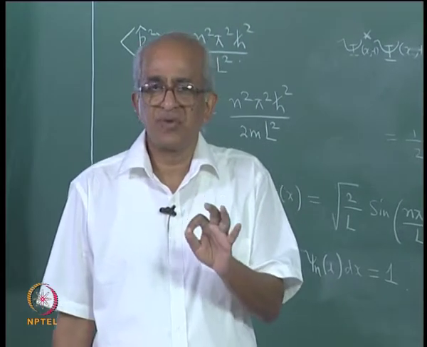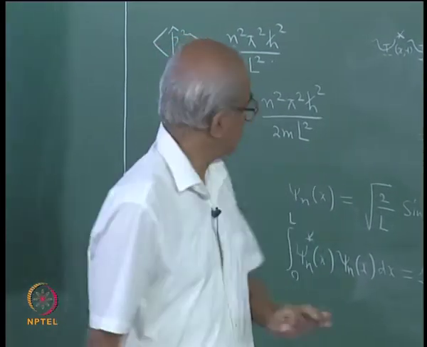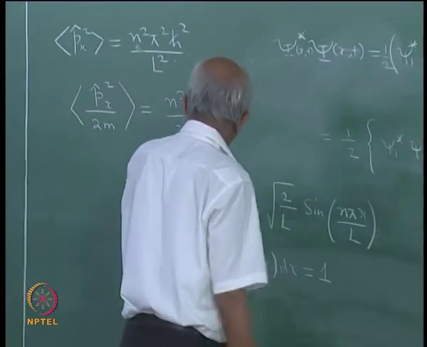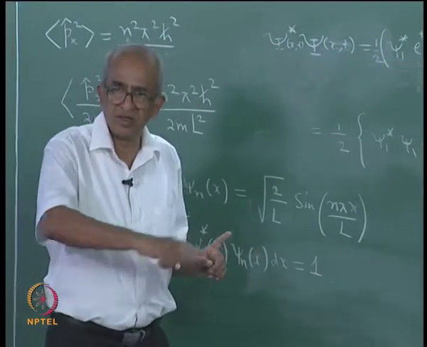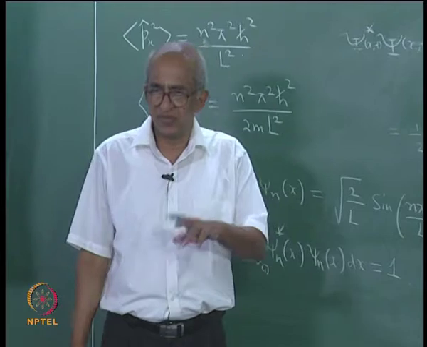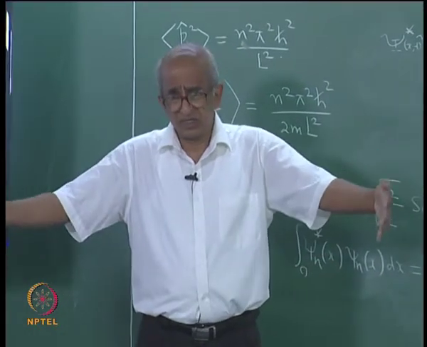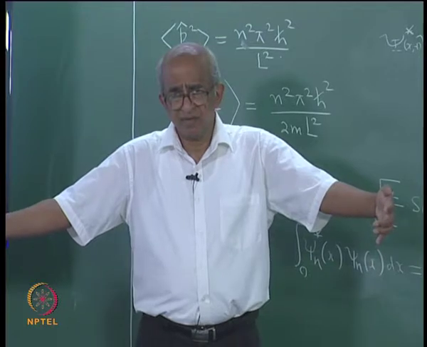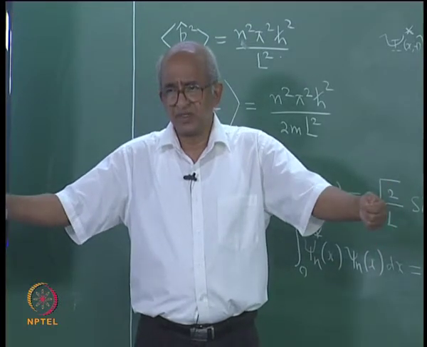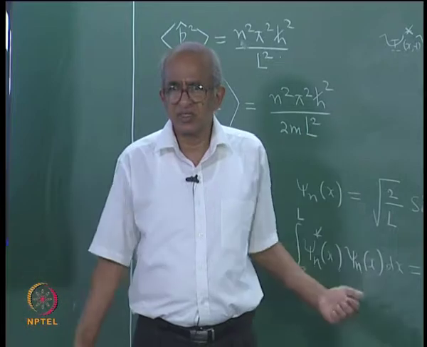Okay, it is normalized, and in addition, this set of functions, when I say set of functions, you think of all possible values of n: n equal to 1 is one possible function, n equal to 2, n equal to 3, and so on. So, I have an infinite set of functions, and each function is normalized.